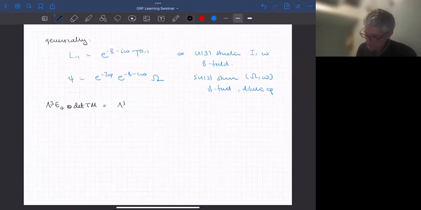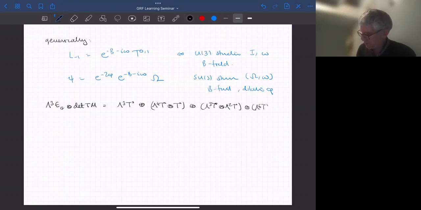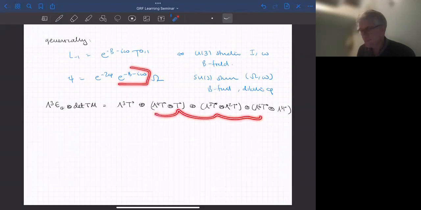This has a leading bit which looks like wedge 3 T star. The next bit looks like wedge 4 T star times T star, plus wedge 5 T star times wedge 2 T star, plus wedge 6 T star times wedge 3 T star. And this holomorphic 3-form is just living here. So these actions are just the adjoint action in O(d,d). So in general, when I add here, it will grow extra pieces here.